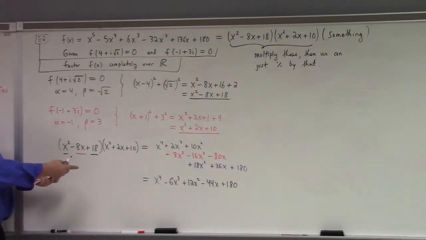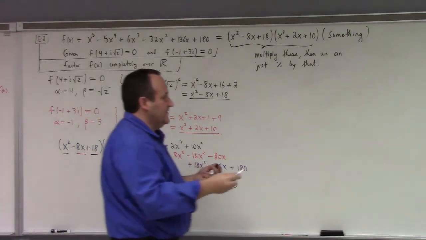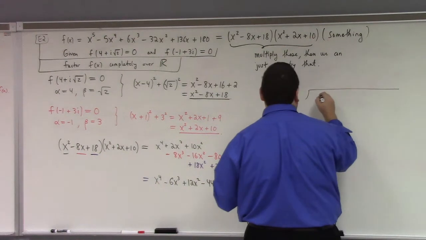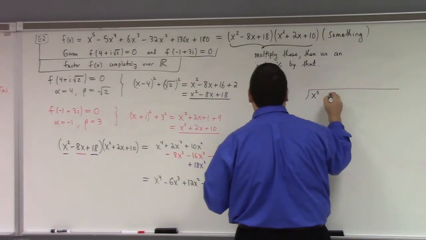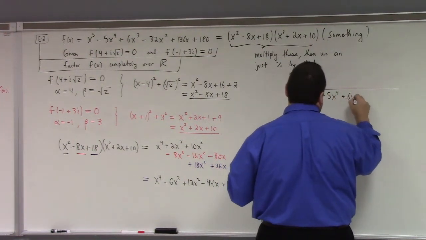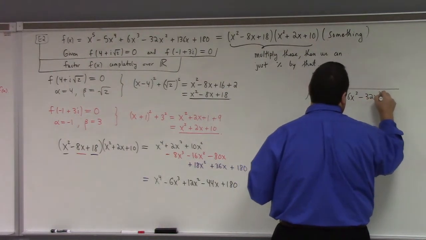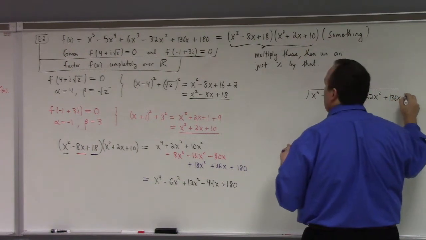Okay, so that's a factor. If that's a factor, how do you factor that out of that? Long division, right? The long division here looks scary, but it's actually really simple in the sense that there's not many steps. You just write down the polynomial we're dividing into, which is x to the 5th minus 5x to the 4th plus 6x cubed minus 32x squared plus 136x plus 180.